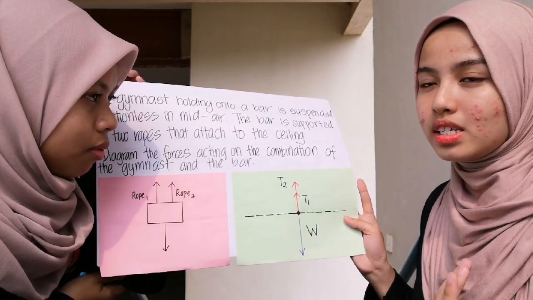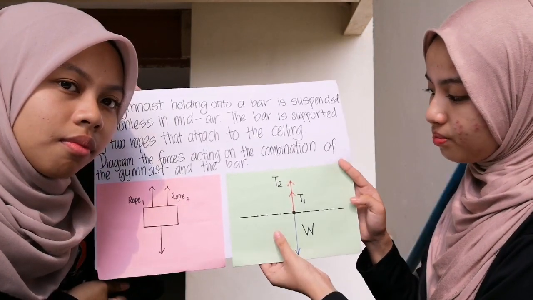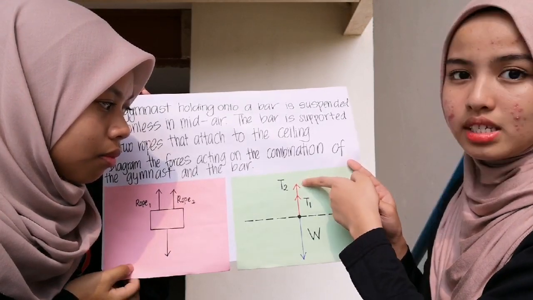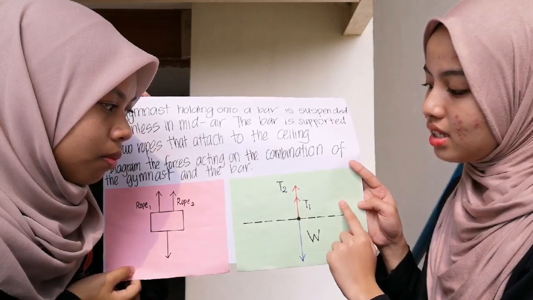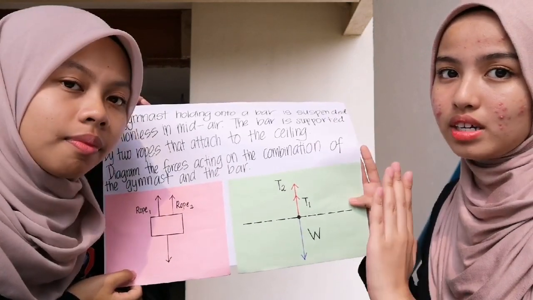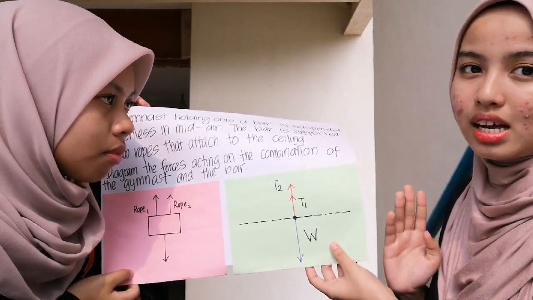A rope is the agent of tension force. So we have to draw a straight line like this, upward, and two arrows, because there are two ropes that have the same direction. Since they are attached to the ceiling, it is upwards.